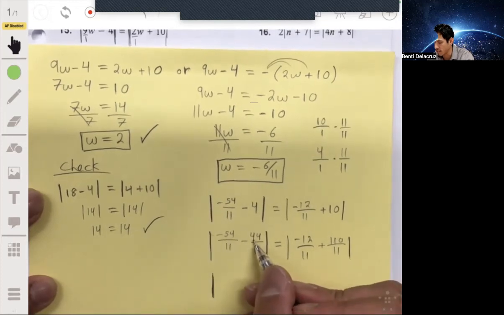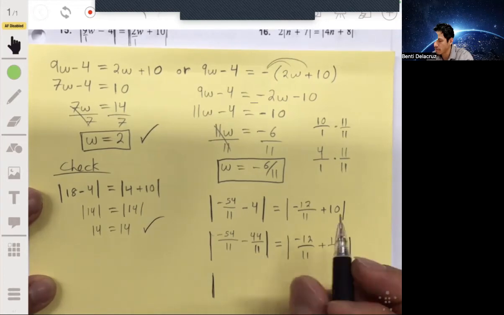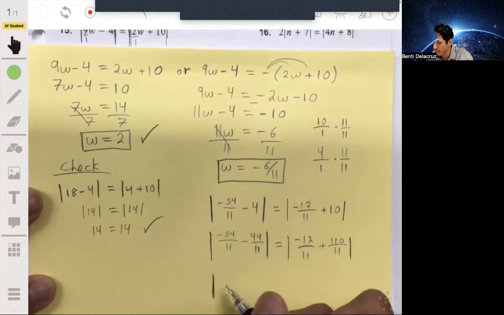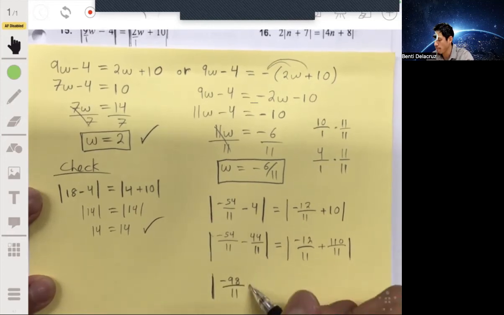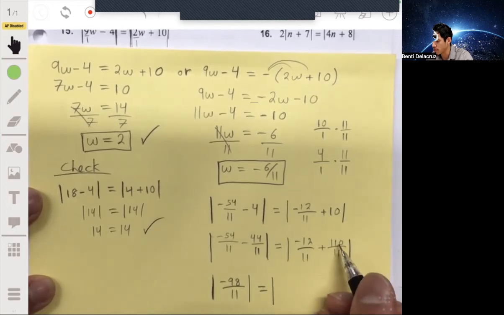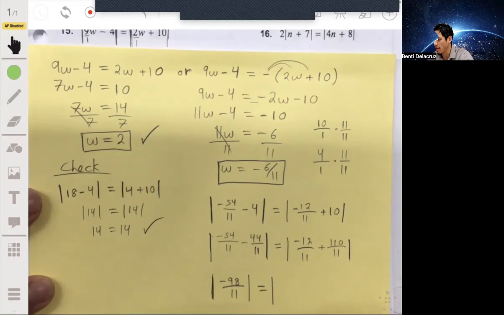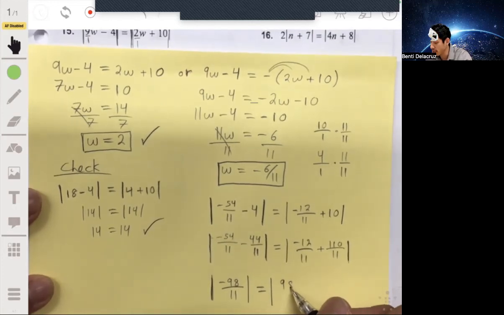Negative 54 minus 44, you'll get a negative 98 all over 11. And then you'll have negative 12 plus 110. You'll get a positive 98 over 11.